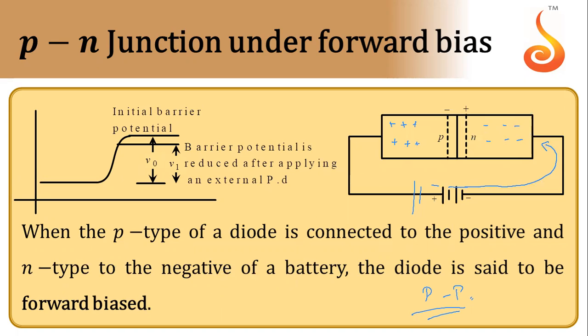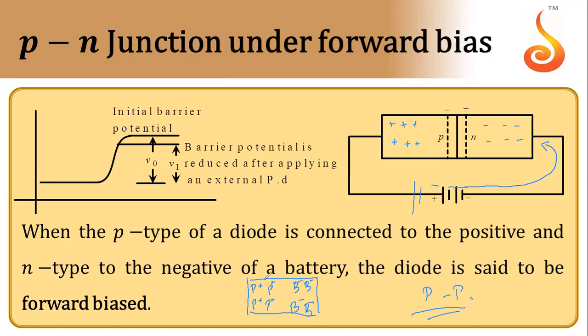So when the thickness of the depletion region decreases, let's say initially this was the depletion region, there were a lot of P plus and N minus ions which were exposed.